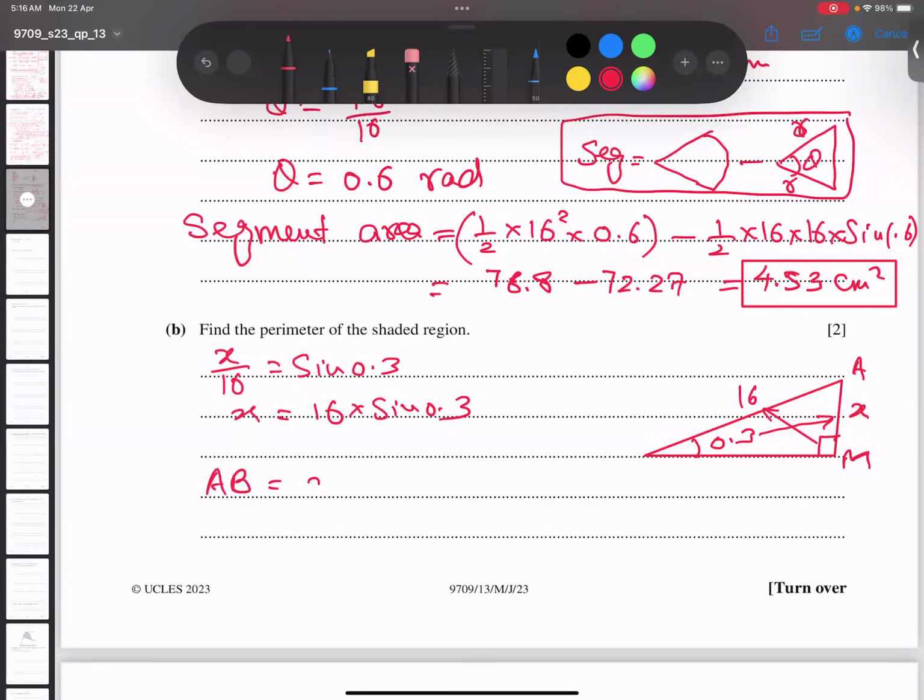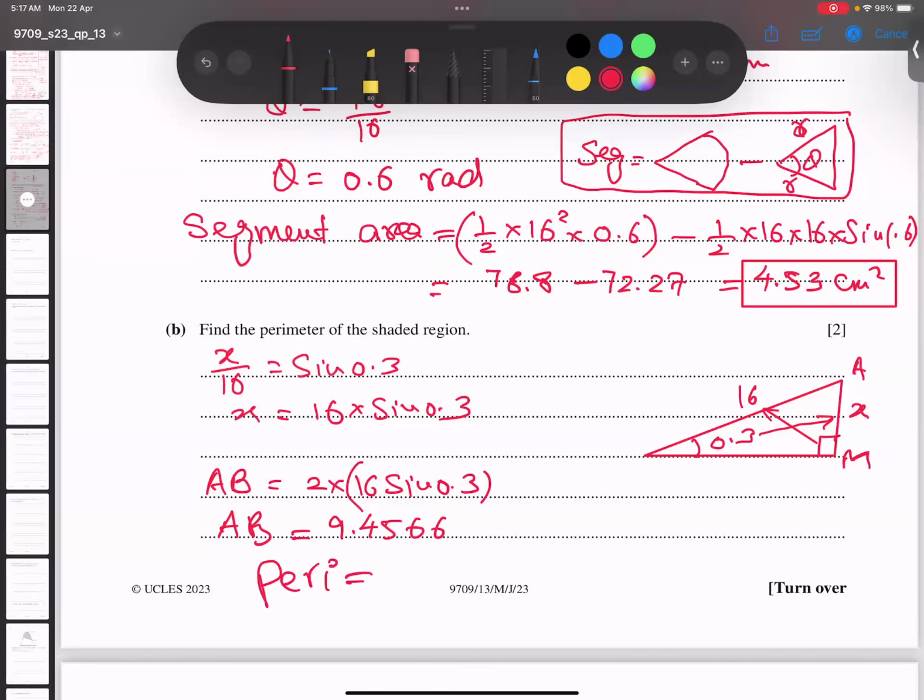Into 2. So 2 times 16 into sine of 0.3. And if you type it, 32 times sine 0.3, it is giving us AB is 9.4566.